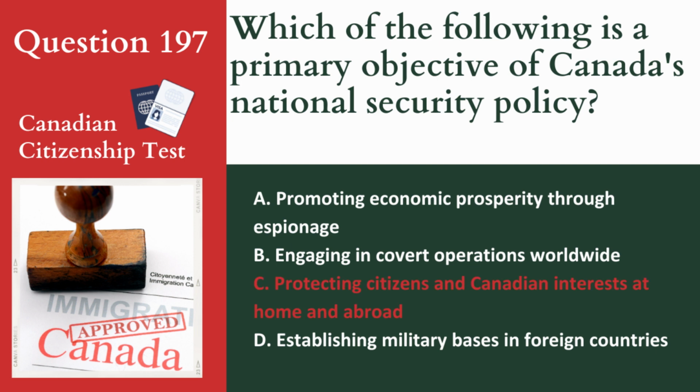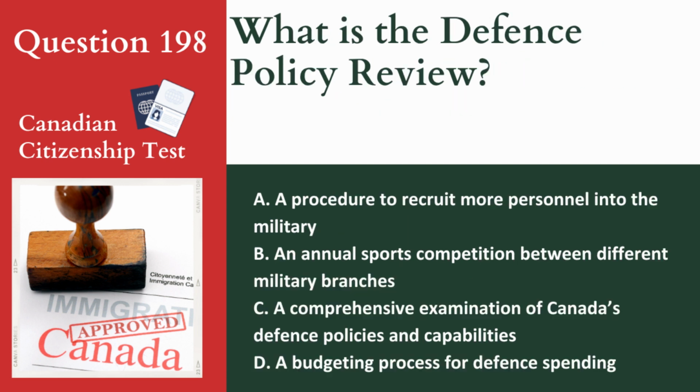Answer: C. Protecting citizens and Canadian interests at home and abroad. Canada's national security policy focuses on the protection of its citizens and interests from threats such as terrorism, espionage, and cyber attacks.